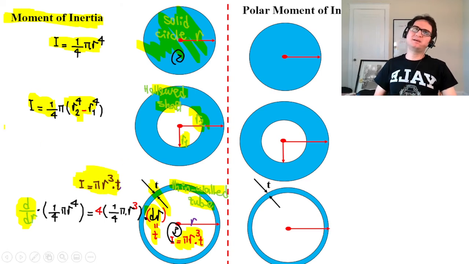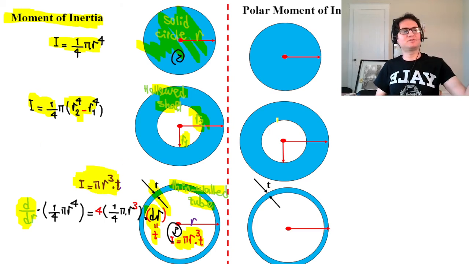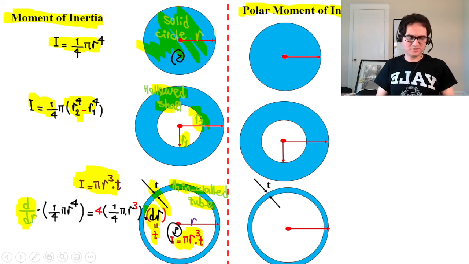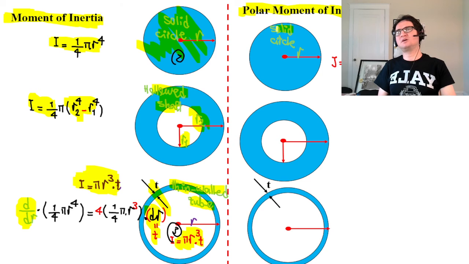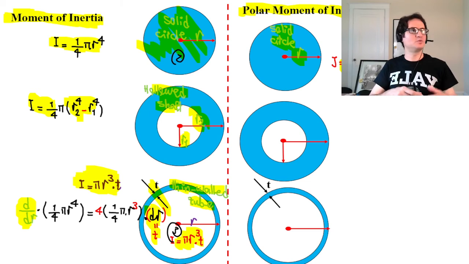Let's look at the right hand side of the table, which goes by polar moment of inertia. The polar moment of inertia is just Ix plus Iy. For a solid circle with radius r, you can also recall it from chapter 5. I can also provide you with the link to those materials, but it's simply that J is a half of pi r to the power of 4.